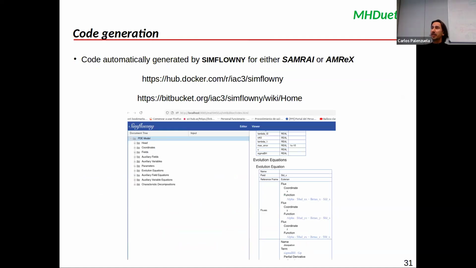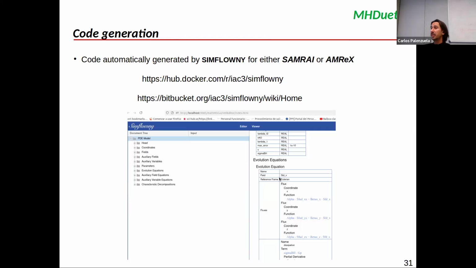What makes the code a little bit different from others is that the code is actually generated automatically by another platform called Simflowny that we developed here. The platform works in a web format or interface where you put your parameters, put your evolution equations, select some numerical methods, push a button, and then it creates some template code that can be compiled with the SAMRAI libraries or with the AMReX libraries.